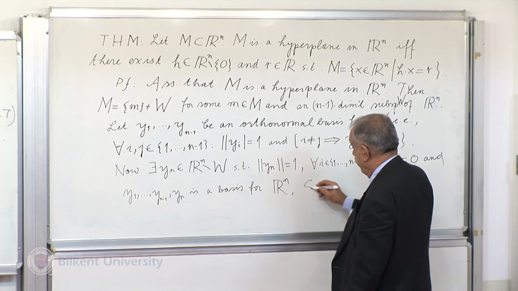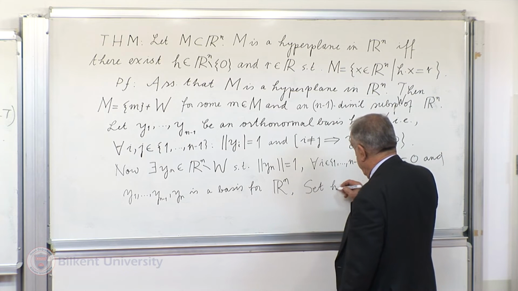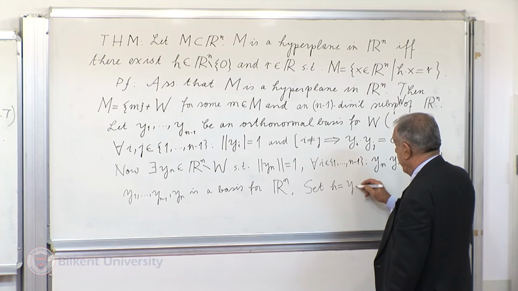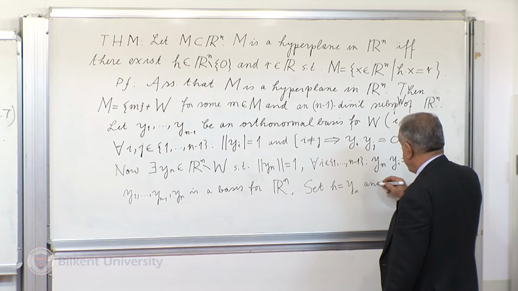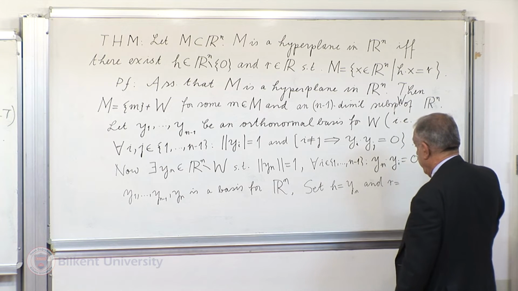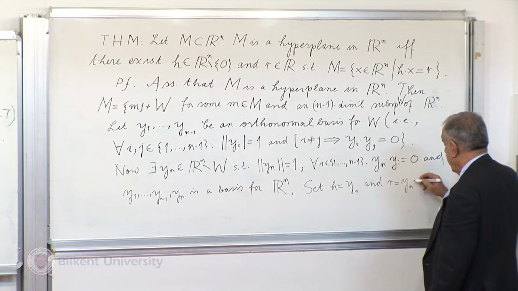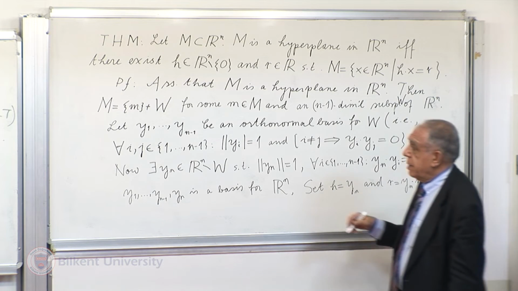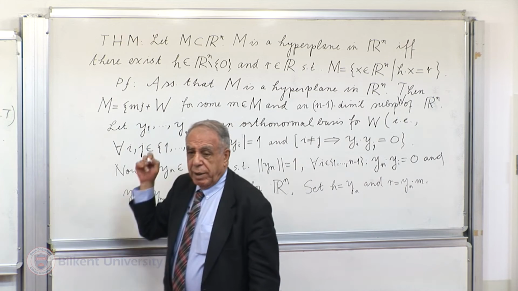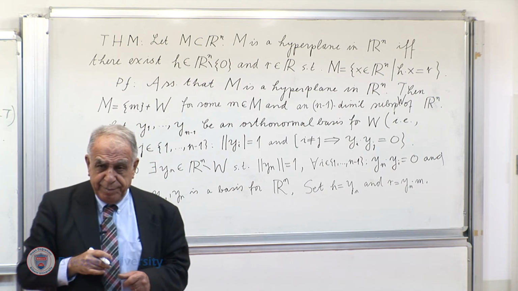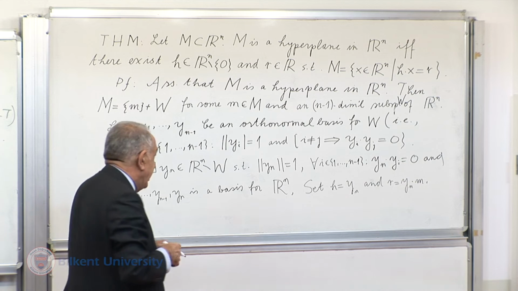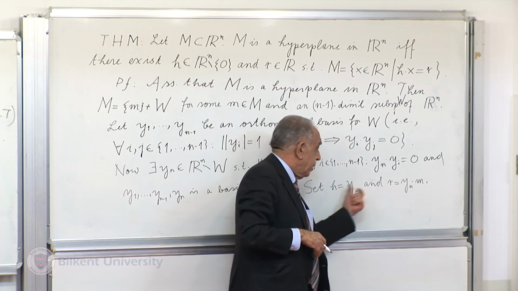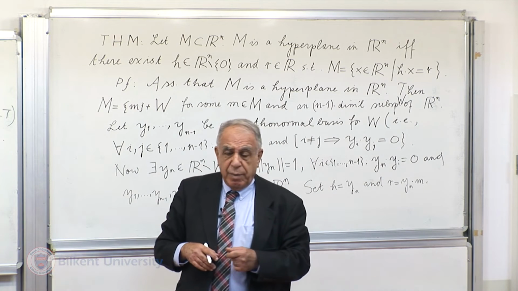Now set h equal to yn and r equal to yn dot n, because this is the only point we know from cap N. Okay? Well, let's check whether this specification of h and r will do the job.